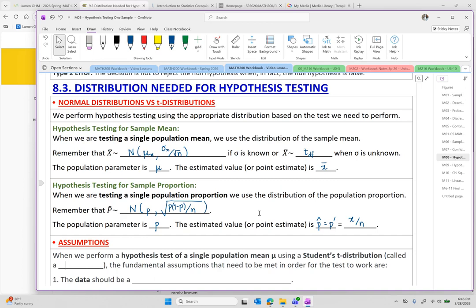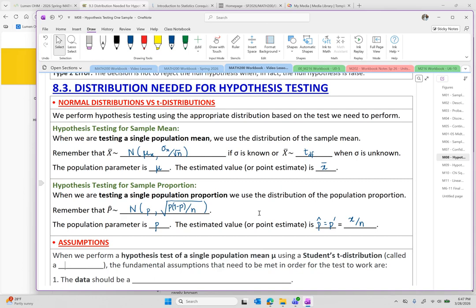When we are doing a hypothesis test for a sample proportion, we will be testing a single population proportion, and we need the distribution of the sample proportion. It is a normal distribution with a mean of p and a standard error for the proportion equal to the square root of p times 1 minus p divided by n.